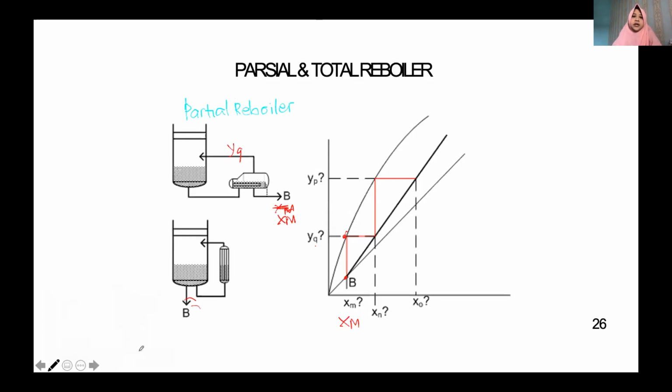In a partial reboiler, you have one equilibrium stage. This point is your reboiler, with XM, and YQ is the vapor phase going back into the column.